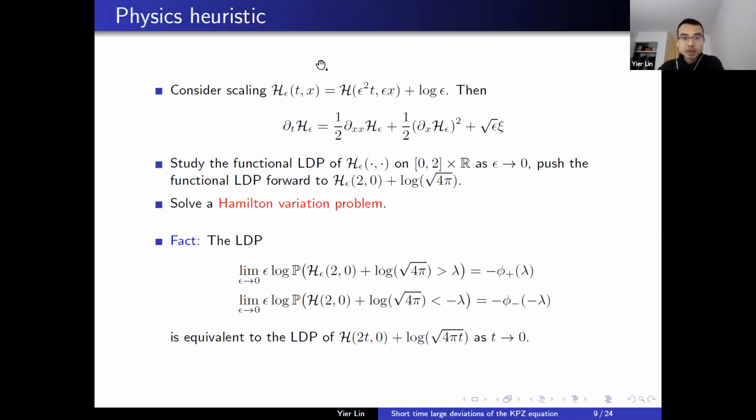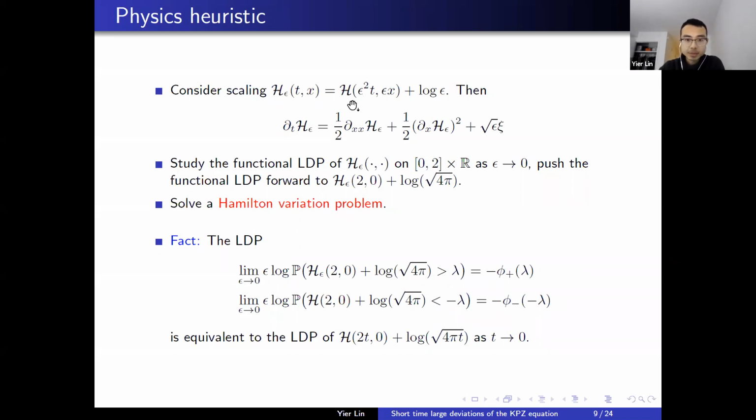So what is this heuristic, the weak noise theory, really about? First, we consider a different scaling regime. At the beginning, we were looking at the short time regime where we take time to 0 and study the one-point large deviation. Now let's consider this h epsilon. We scale in this way. Basically, h satisfies your original KPZ equation, and you now consider h epsilon.